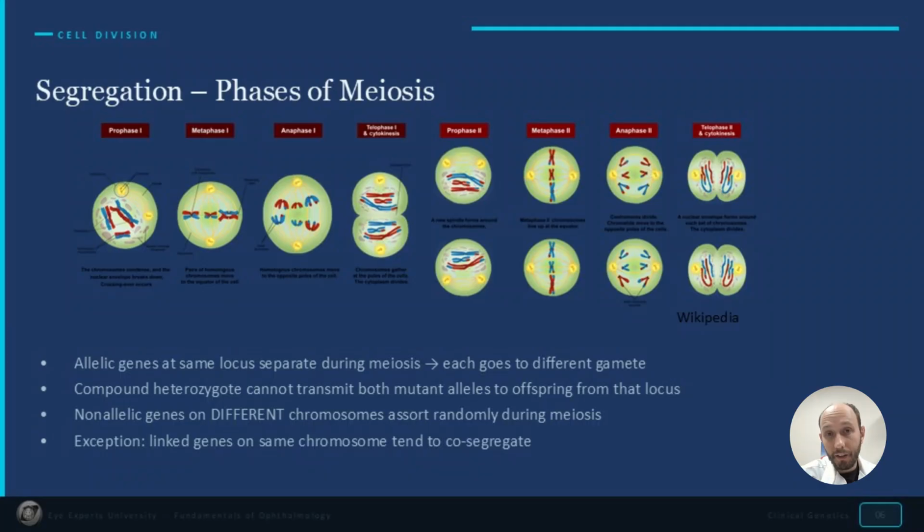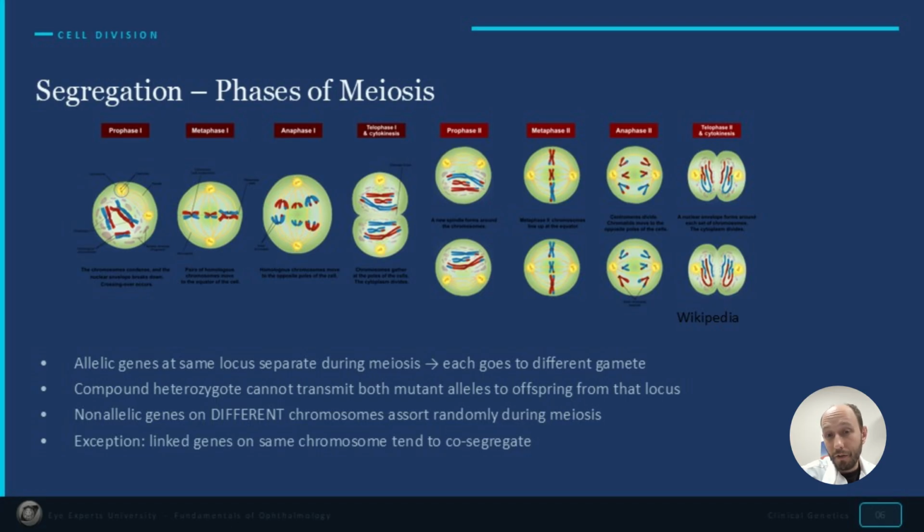A compound heterozygote cannot transmit both mutant alleles because one is normal and one isn't. So one of the gamete cells will inherit the mutated version of the allele, and the other one will inherit the normal one. When you have non-allelic genes on different chromosomes, they can also switch through gene translocation at the time.